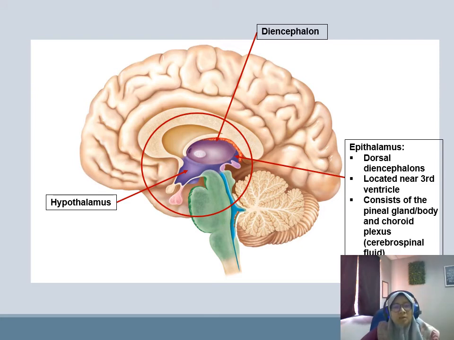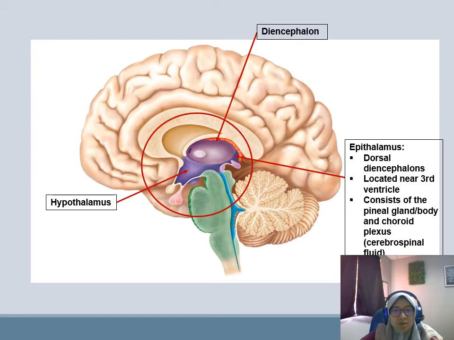Now, the next part of the diencephalon is the epithalamus. The epithalamus is located at the dorsal part, dorsal means posterior, the dorsal diencephalon. It is located near the third ventricle too. It consists of the pineal gland and choroid plexus.